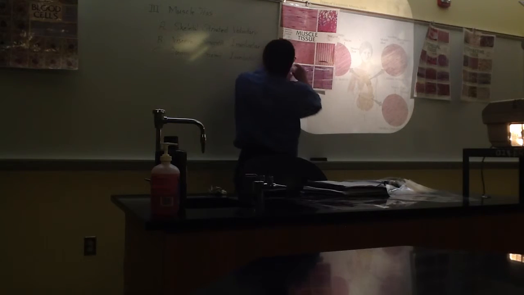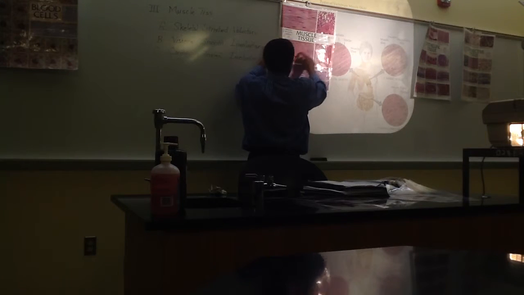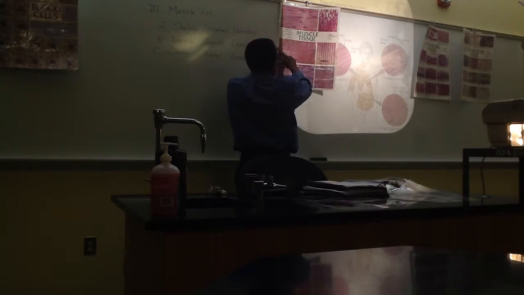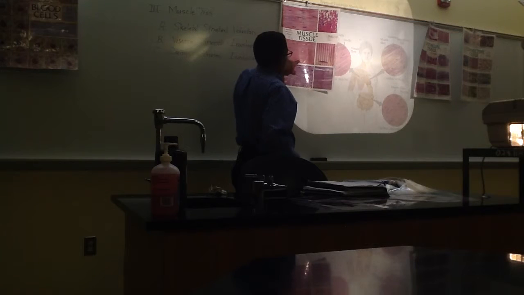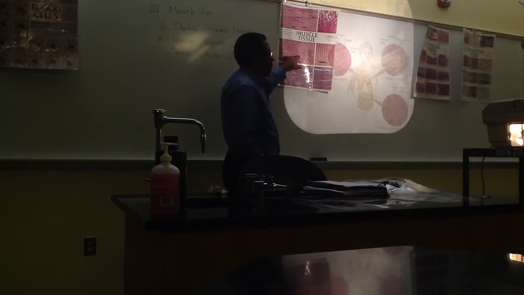All of this is just one skeletal muscle cell. Here's a different skeletal muscle cell. These little purple things that look like they're almost outside of the cell, what are these? These are the nuclei of the muscle cell.